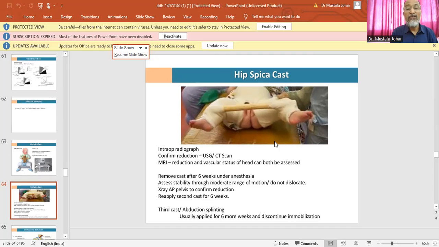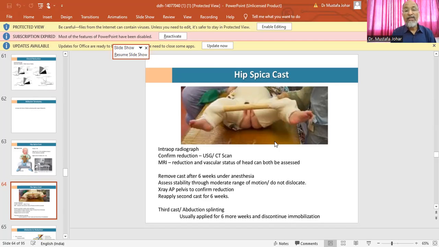In this, an intraoperative radiograph is taken and the reduction is confirmed through USG or CT scan. MRI for reduction and vascular state of the head can be used if you are using the hip spica.